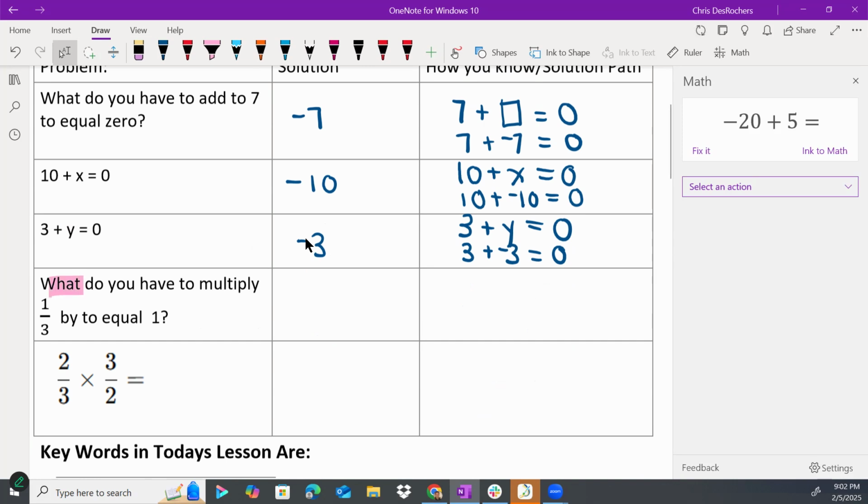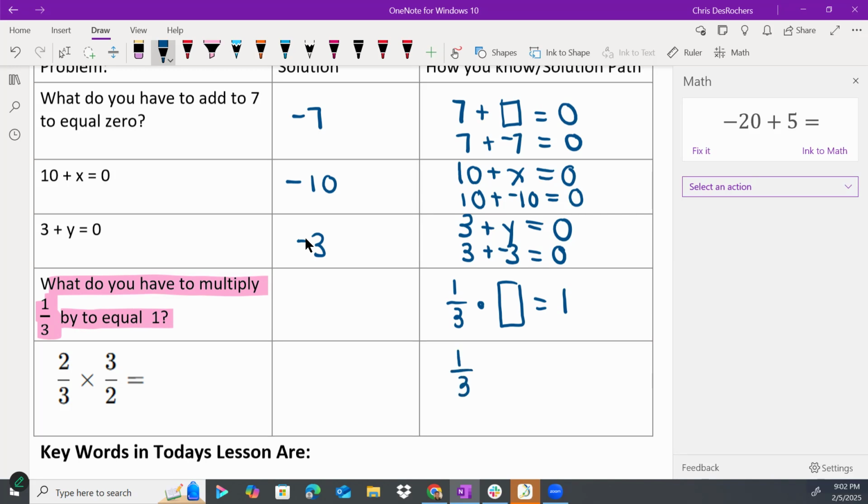What do you have to multiply 1/3 by to equal 1? So we're saying 1/3 times some amount equals 1. Okay. Let's pretend, what if it was 1/3 times 2?